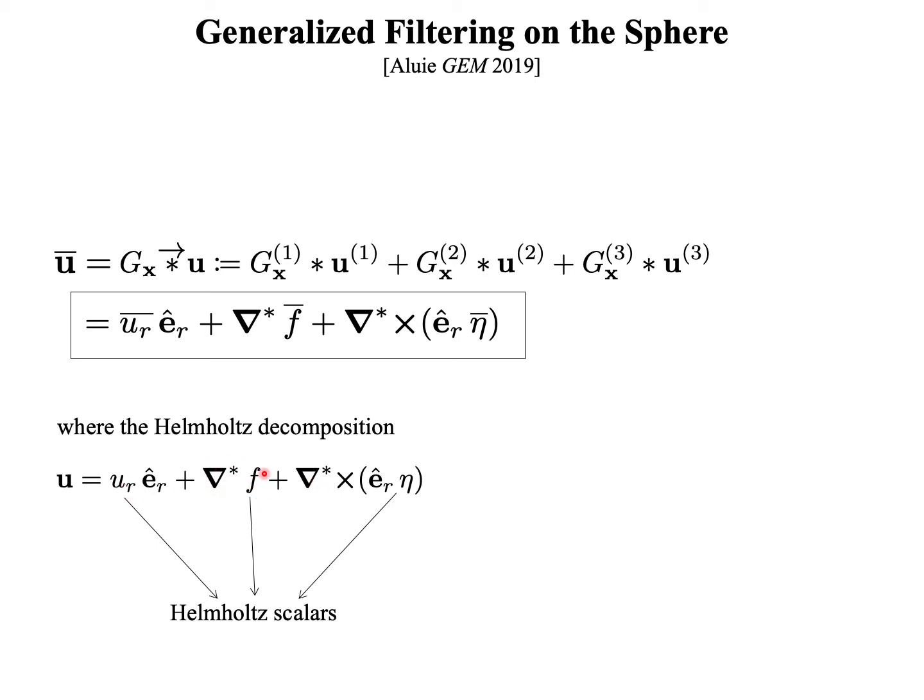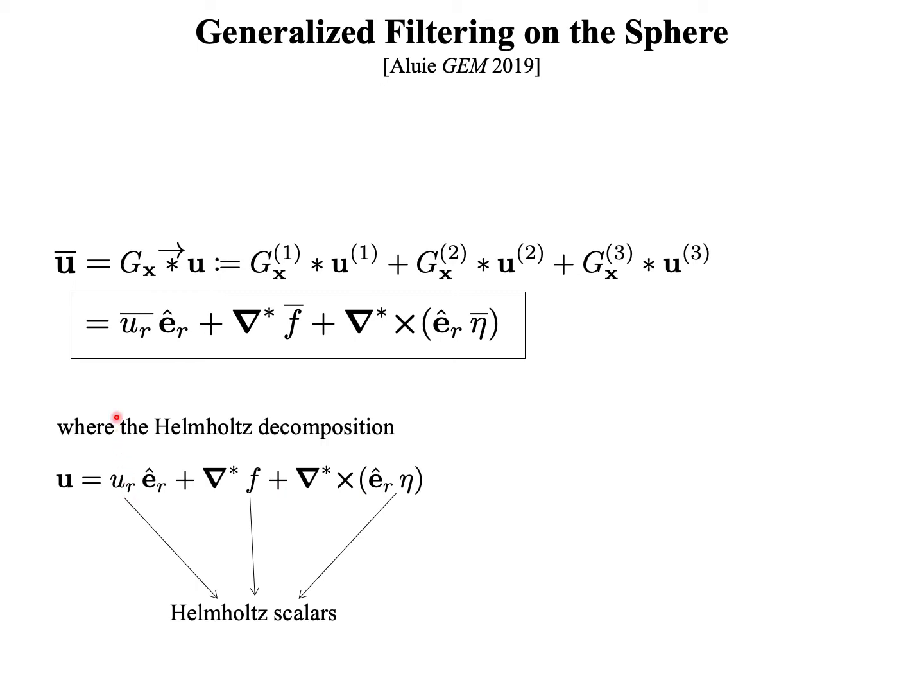This is the irrotational part, or the potential part of your vector field on the sphere, and this is the curl part, or the rotational part of your vector field on the sphere. And I call these the Helmholtz scalars, F, eta, and U sub r. They are scalar fields.